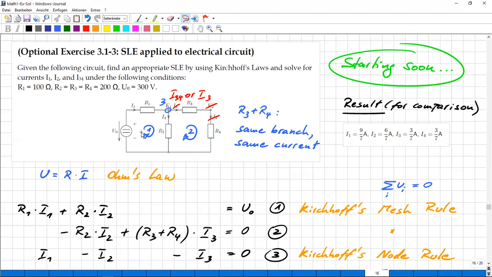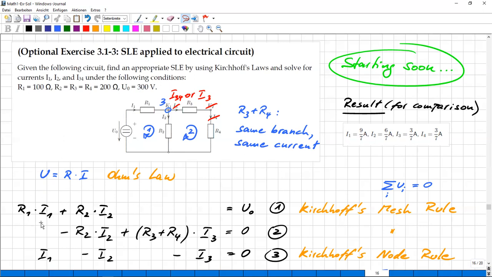the current is flowing. In this case, if I go around once, then you see how the first equation comes along. I go along current I1 over resistance R1, and due to Ohm's law, the corresponding consumer voltage of this consumer here, because every resistance in the circuit is an electrical consumer of electrical energy, is the resistance R1 multiplied by the current I1.